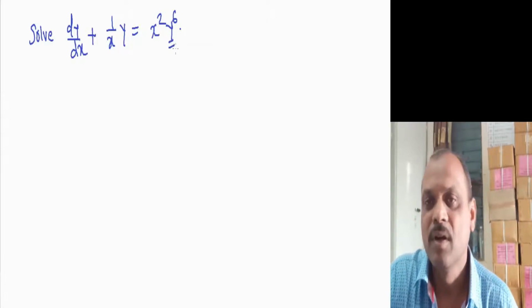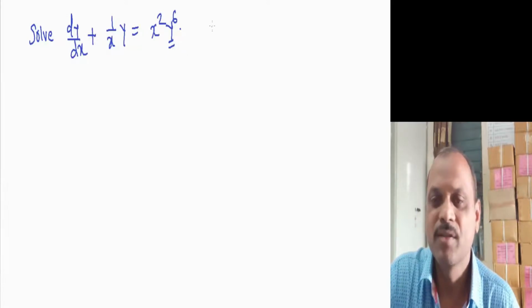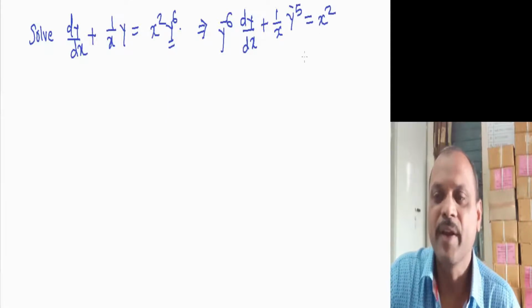So, we first divide throughout by y raised to 6. So that by dividing by y raised to 6, this will be y raised to minus 6 into dy by dx plus 1 by x into y raised to minus 5 equal to x square.